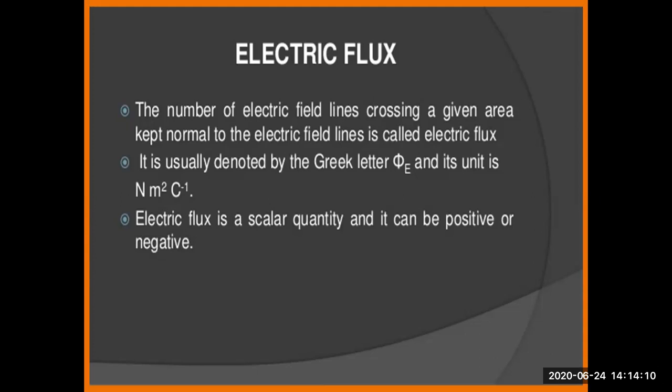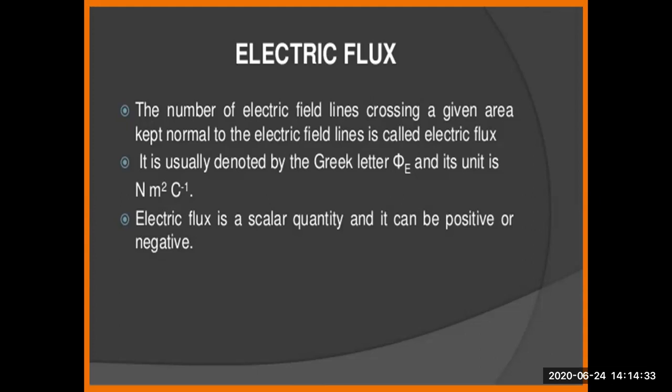And the next thing is that it may be positive or negative. These are the three points, because when we talk about lines, everybody is concerned about the direction, so anybody can mix this up and think it must be a vector quantity.